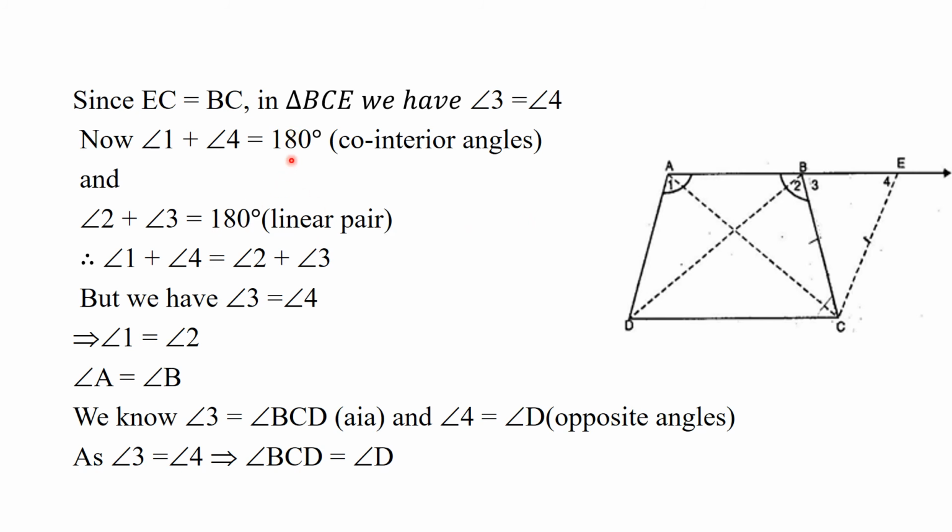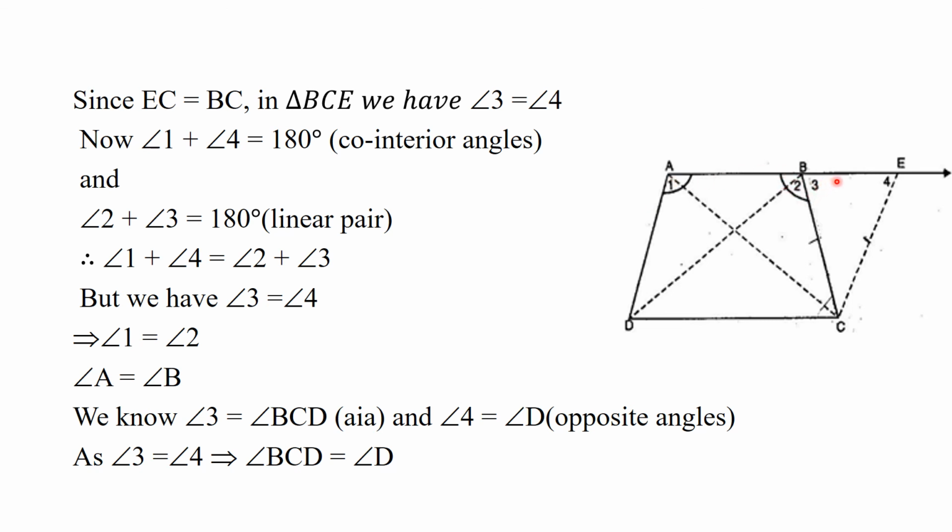Since the right hand sides are equal, we can equate our left hand side. Therefore, we can write angle 1 plus angle 4 is equal to angle 2 plus angle 3. We already have measure of angle 3 and angle 4 are equal. Cancelling angle 3 and angle 4 from both sides, we can write angle 1 is equal to angle 2, which implies angle A is equal to angle B.